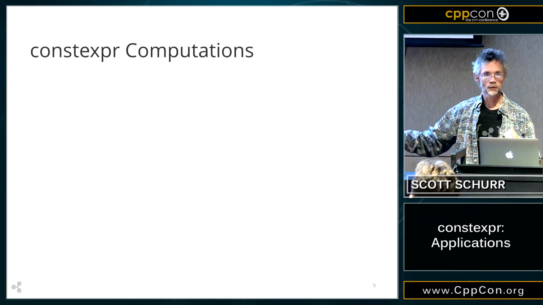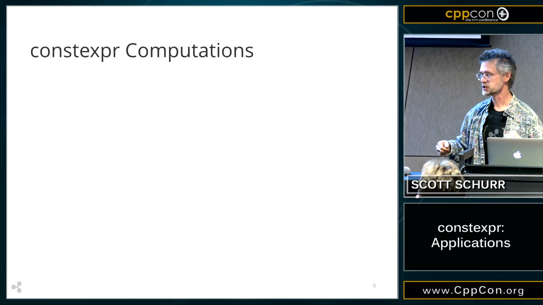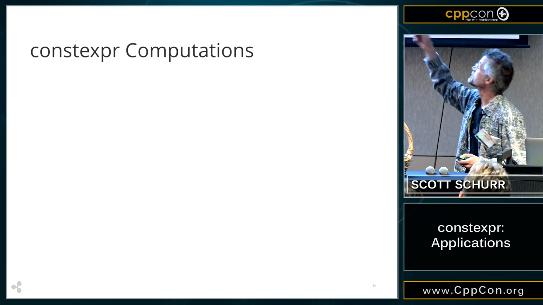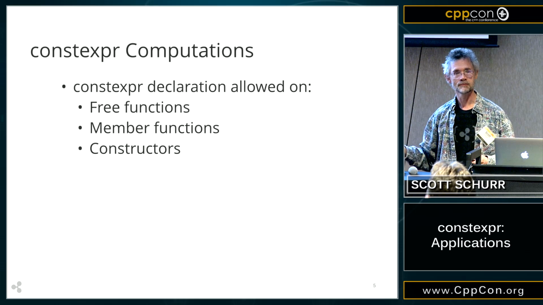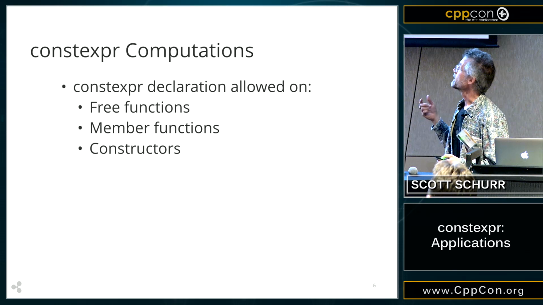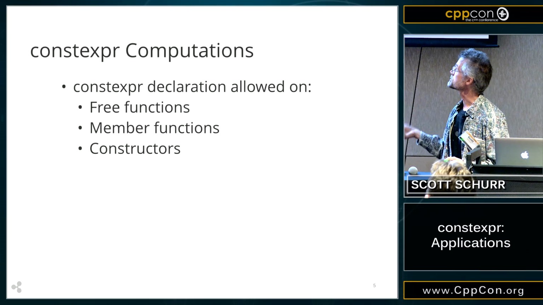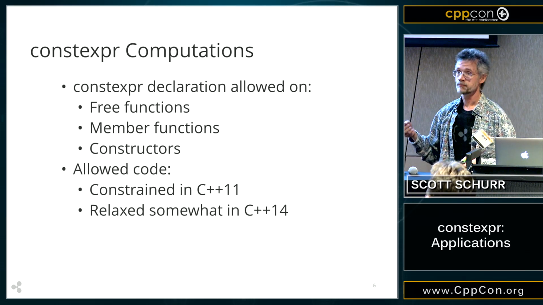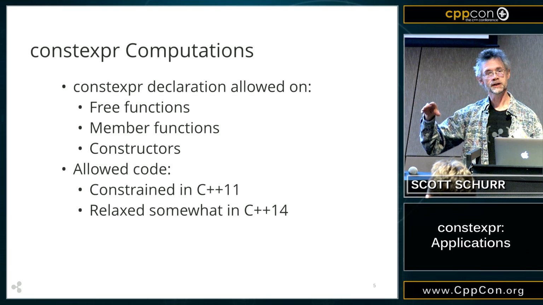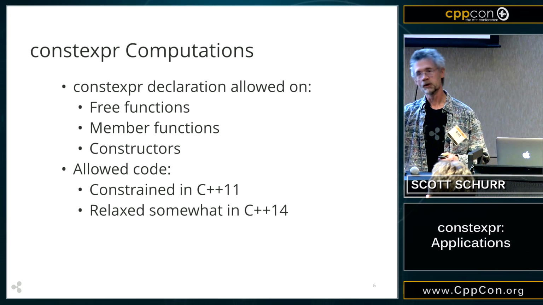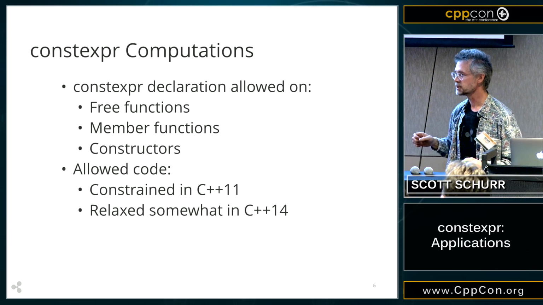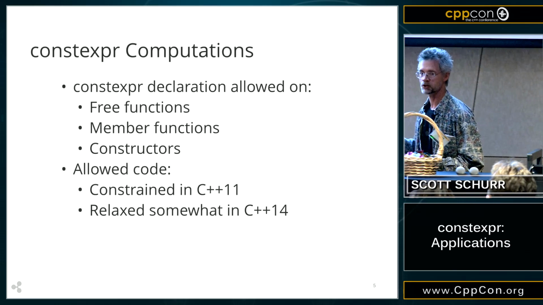So, we're doing yesterday's presentation in about 3 minutes. So, constexpr computations, which is the flip side of that, you can have free functions, member functions, constructors. The code that's allowed inside of those functions or constructors, once you attach that constexpr keyword to them, is very constrained.